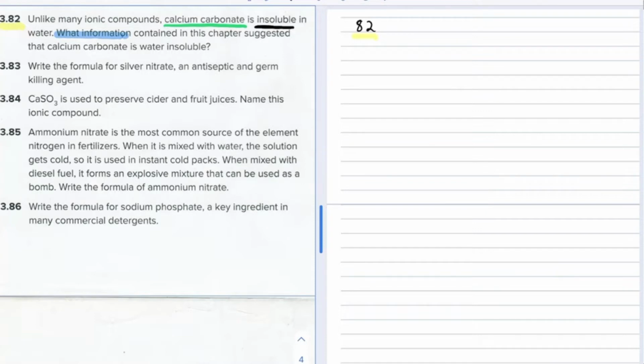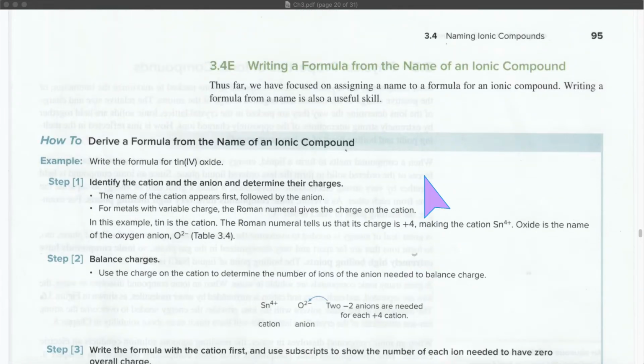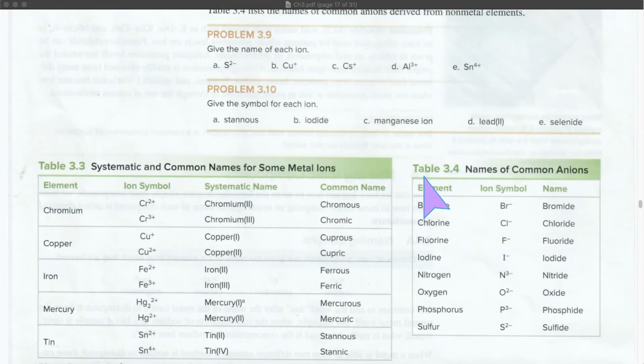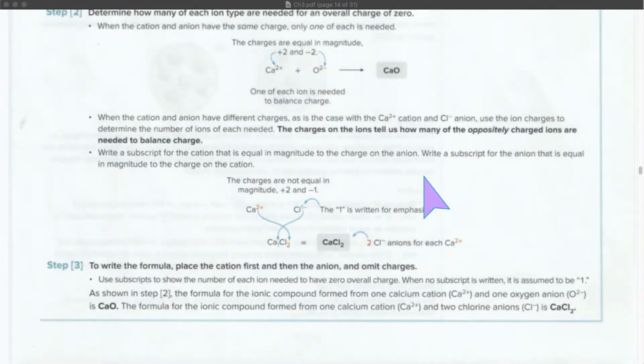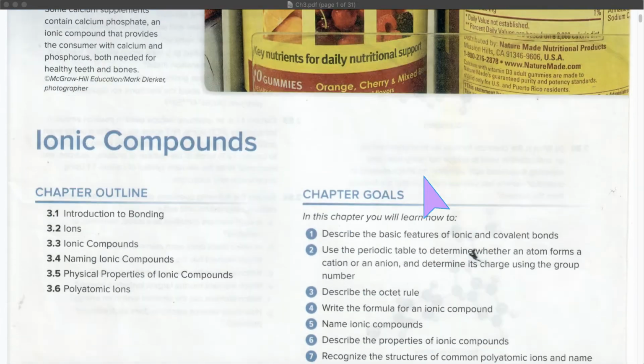Now, I kind of wrecked my brain a little bit looking for this information. So I'll show you. Okay, here's our chapter. Now you go back to the beginning of the chapter, where is it at? Okay.